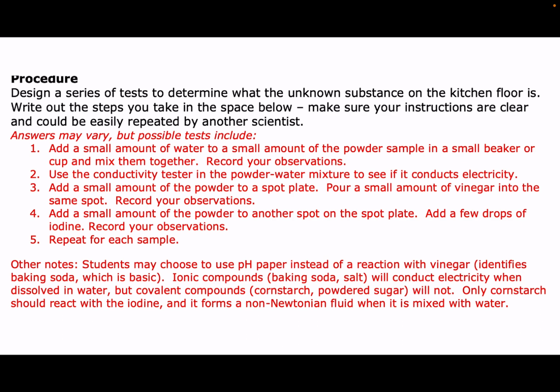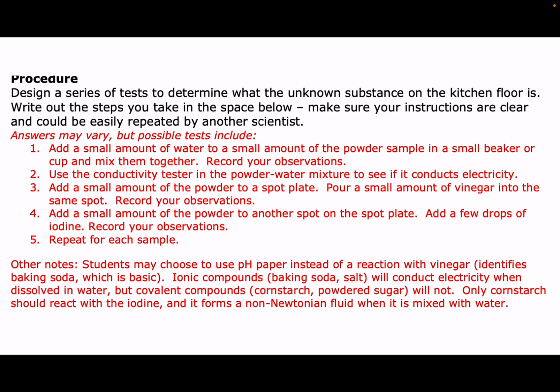Add a small amount of the powder to a spot plate and put a little bit of vinegar in there, because that's a weak acid, and see how it responds. Then add a small amount of powder to another spot of the well plate and add iodine, because starches will react to the iodine. That would be a telltale sign. Then repeat for your sample.